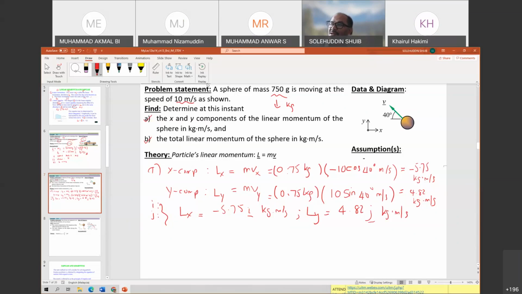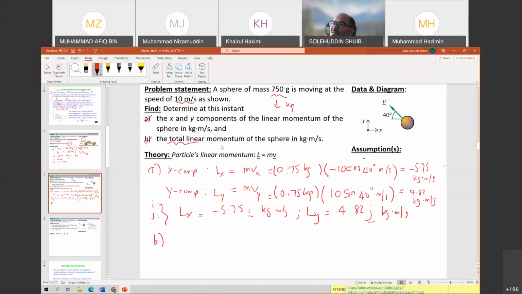Now we proceed to part B. What does the question ask us to do? We have to find the total linear momentum. What does it mean? Resultant momentum.